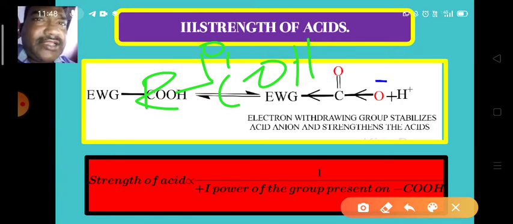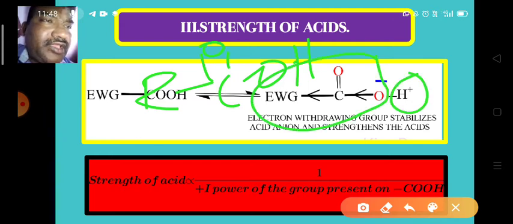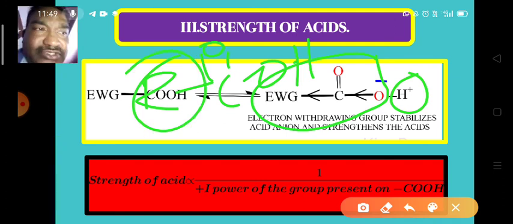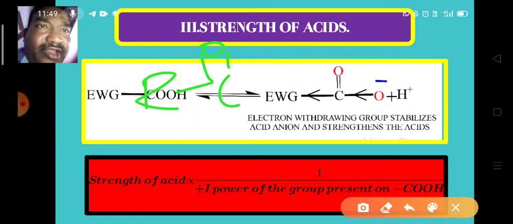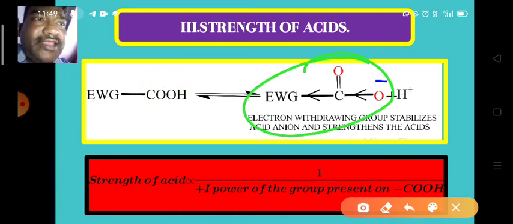These acids are Bronsted-Lowry acids, so they release H plus ions and themselves change into carboxylate anions. This reaction is more favorable when the carboxylic acid is attached to an electron withdrawing group. So an electron withdrawing group stabilizes the carboxylate anion and increases the acidic strength.